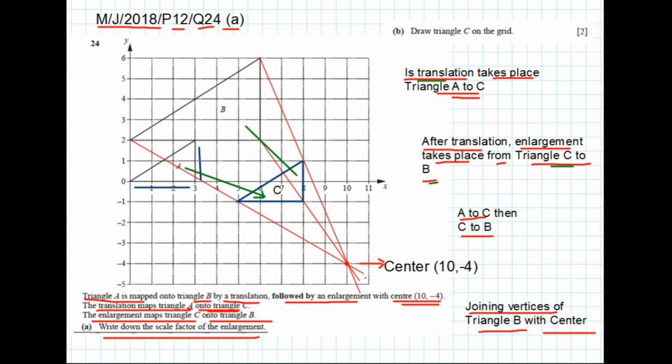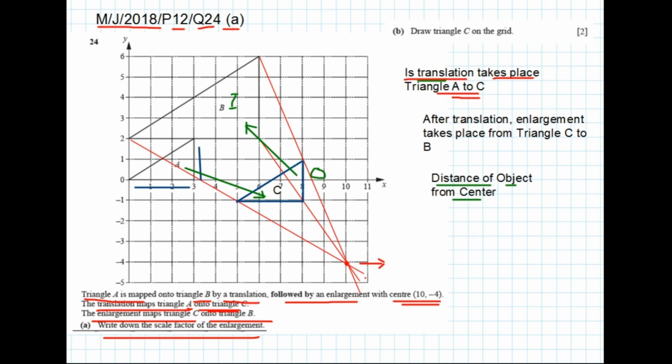Now enlargement takes place from C to B. C is the object O and B is its image I. Now the distance of object from center is minus 5, 3. Distance of image from center (10, minus 4) is equal to minus 10, 6.